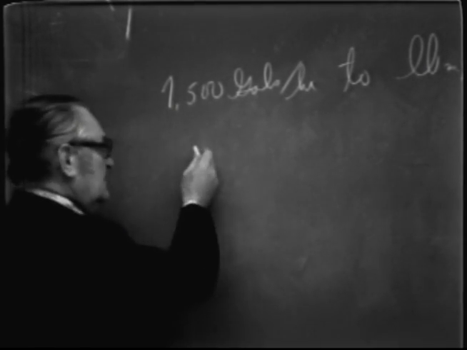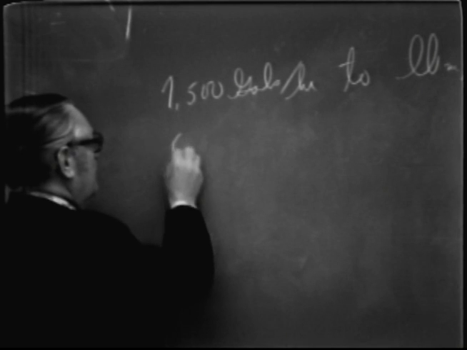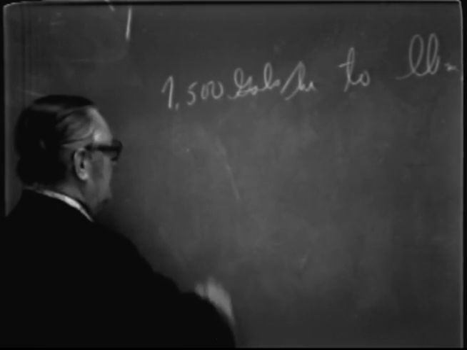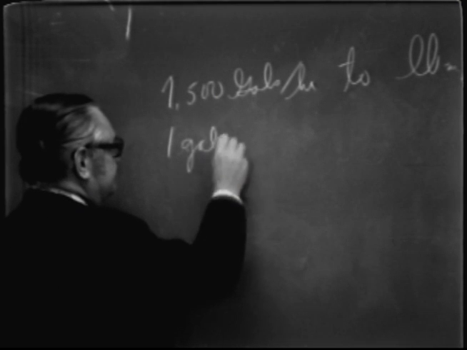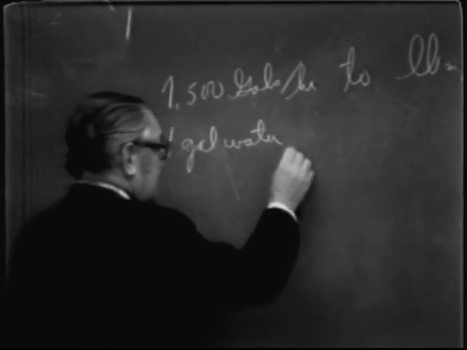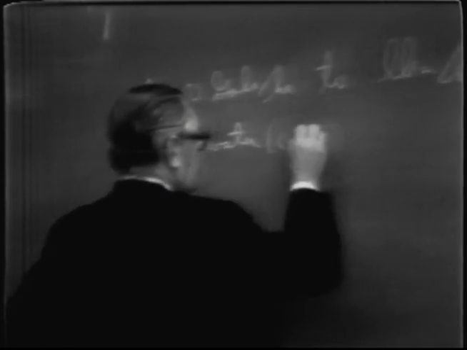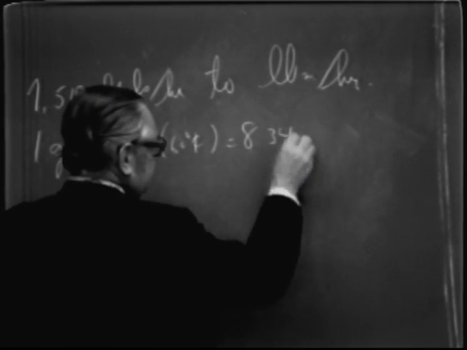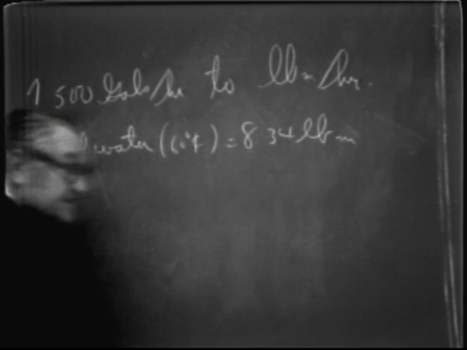The basis is that 1 gallon of water at 60 degrees Fahrenheit weighs 8.34 pounds mass.